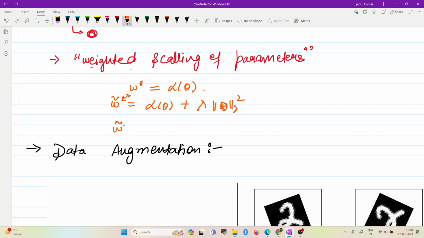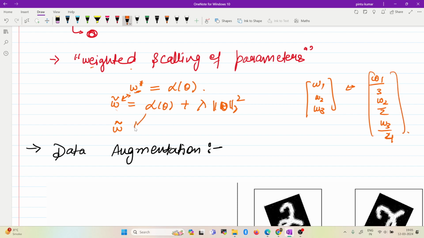W tilde would be a scaled version of W star, reducing its length, but this reduction is not uniform. If you have parameters W1, W2, W3 as components of W star, you won't scale them like W1 by 2, W2 by 2, W3 by 2. It would be a weighted scaling, so you might have W1 by 3, W2 by 2 and W3 by 4, something like this. This is a weighted scaling of your original parameter.